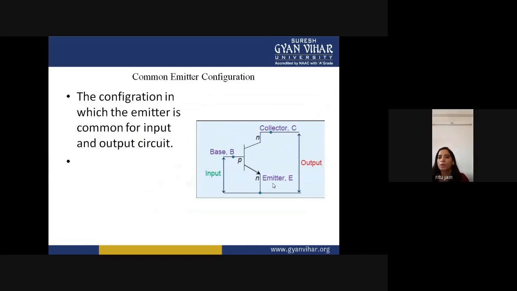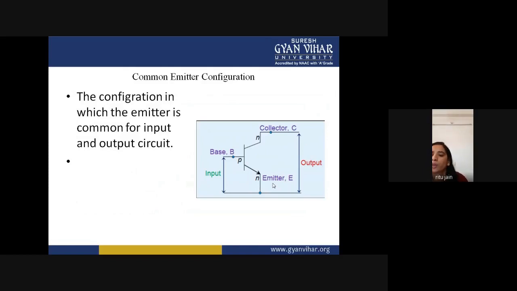Now, common emitter configuration, which is very important. In many applications, this common emitter configuration is used for amplification and other applications, right? So it is very important. From the diagram, you can see in common emitter configuration that the emitter is common between input and output.